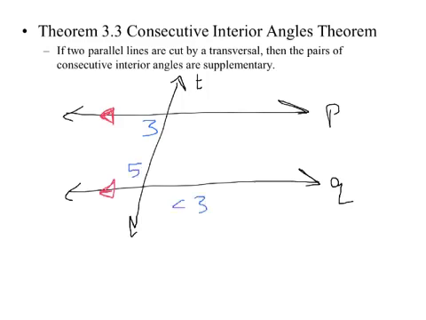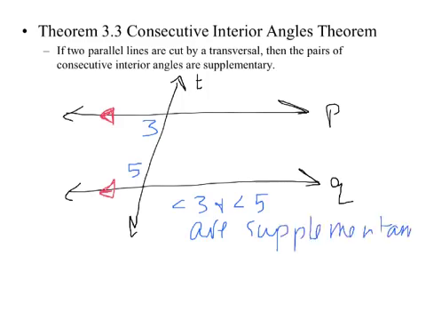So angle 3 and angle 5 are supplementary. That means that angle 3 plus angle 5 equals 180 degrees.